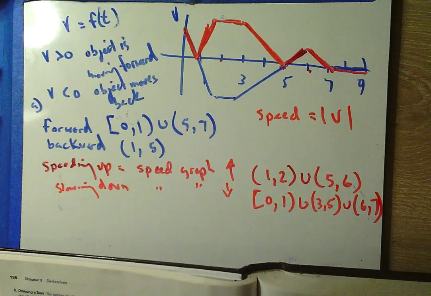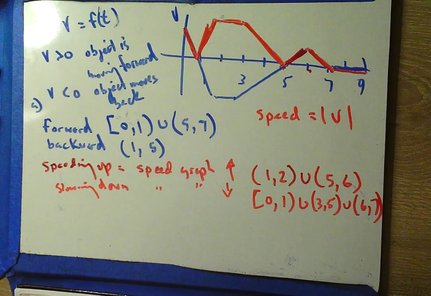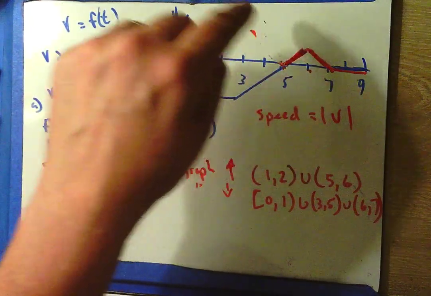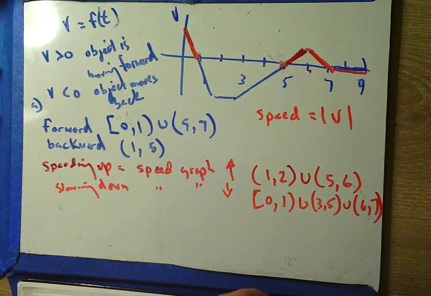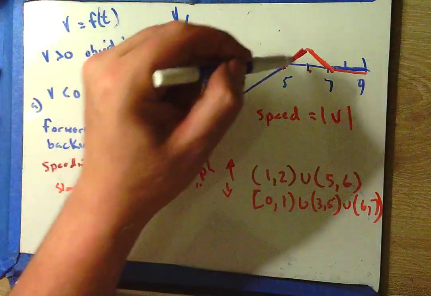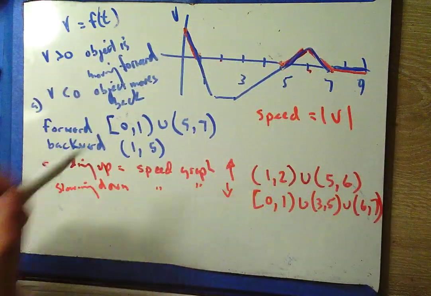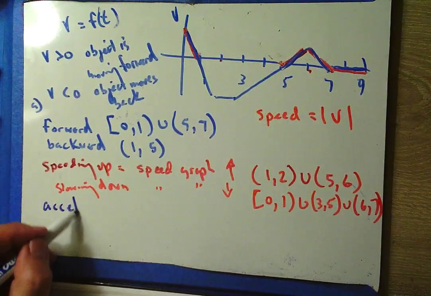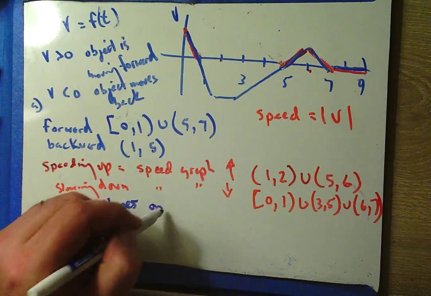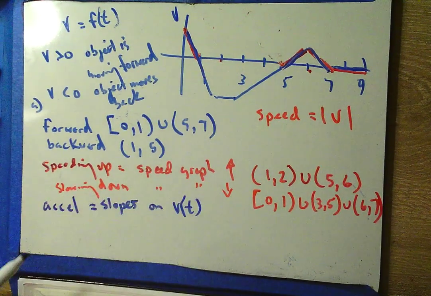Part B. When is the particle's acceleration positive, negative, or zero? Okay, so what's acceleration? Acceleration is the rate of change in velocity with respect to time, also known as acceleration equals the slopes on velocity graph.